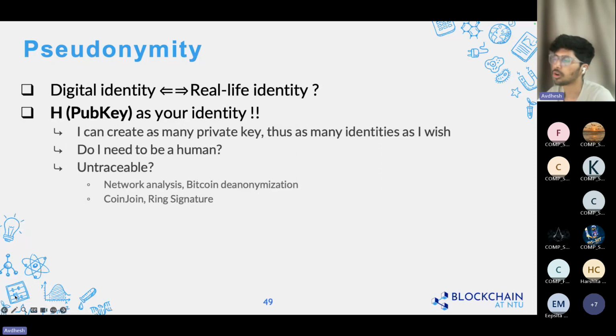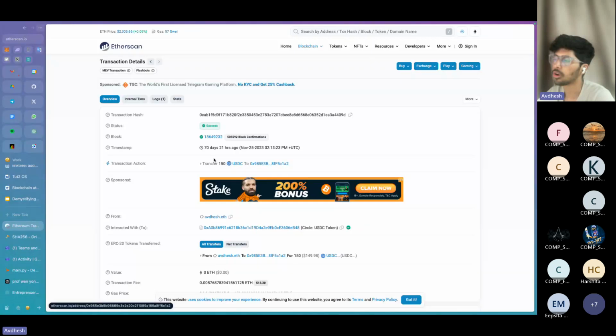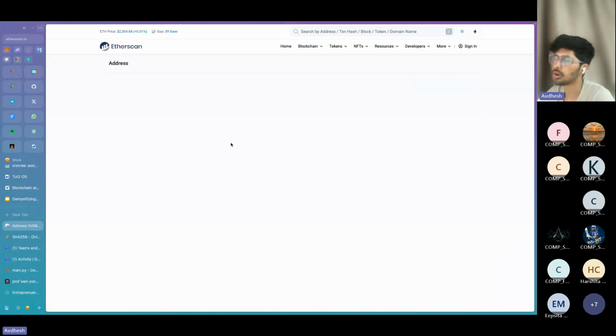So is it really untraceable? The third question arises, and there has been research done on this. You can check out CoinJoin and ring signatures as well. I would say it is a bit traceable. As you can see in my example, I can still see the hacker's address. If I click on this, I'll see his whole transaction history as well.